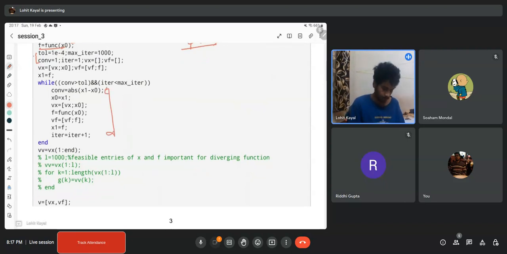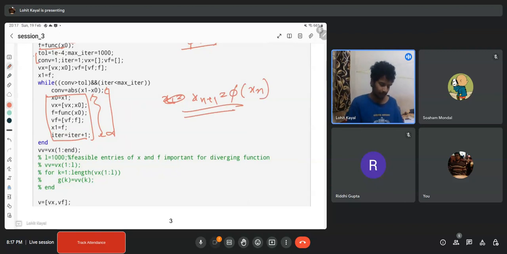You can modify this equation accordingly. This is phi of xn, which is basically what I am doing over here. I have done it in a somewhat complicated way, but you can do it very simply.